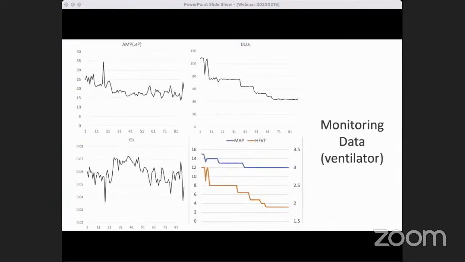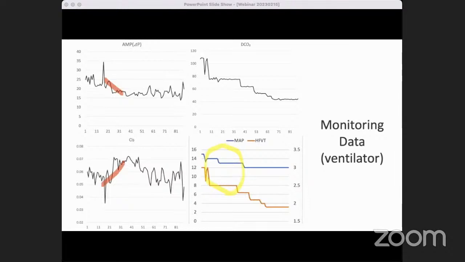Since this patient was ventilated on HFO with VG, that tidal volume is fixed, you know? We can observe nicely how the amplitude is gradually decreasing as compliance improves. Thus, the volume guarantee automatically reduces the pressure gradually so that the appropriate pressure can always be maintained.